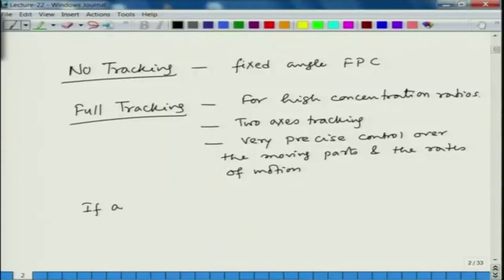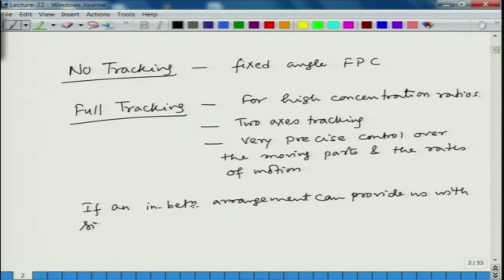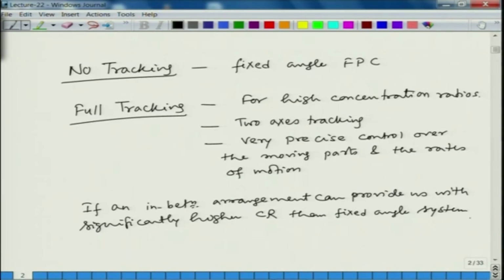If an in between arrangement can provide us with a significantly higher concentration ratio, CR, than a fixed angle system, we would love it.